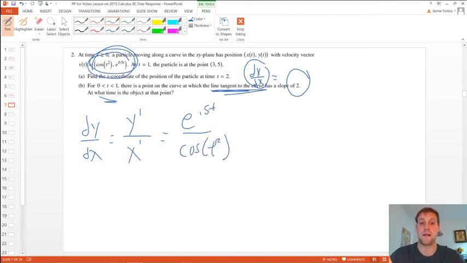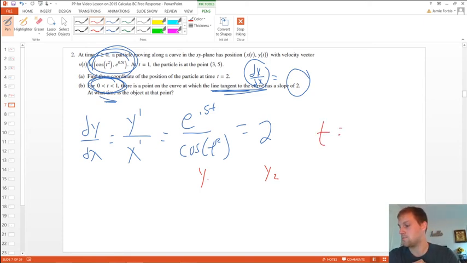In my calculator, I typed that into y1, and I also typed in 2 into y2. I set my window between 0 and 1, so I'm only looking at the graph between 0 and 1. I plugged this as y1, this as y2. I found the intersection, and I got time equals 0.840.